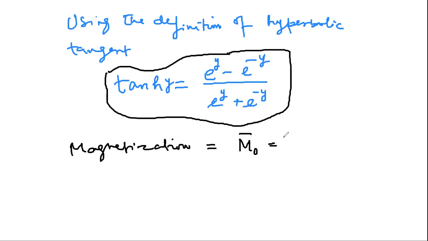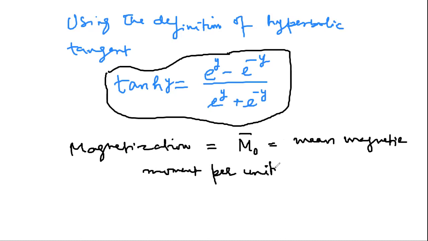It is simply the mean magnetic moment per unit volume of this substance.